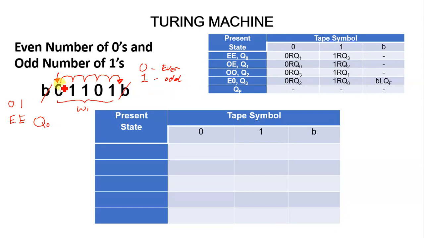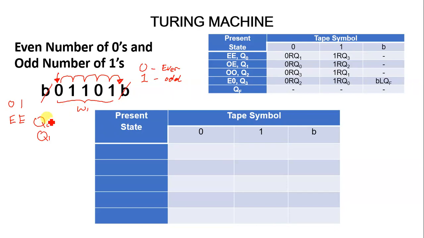So next, the tape head will move one step to the right, and then the tape head will read 1. Okay, sorry.